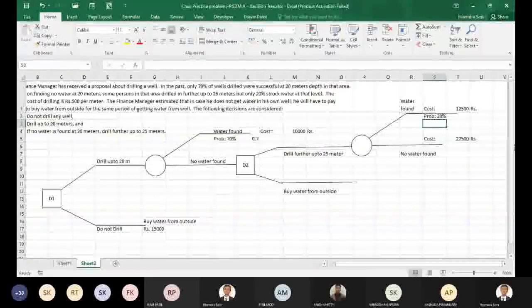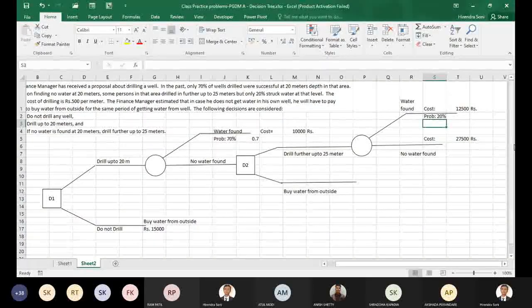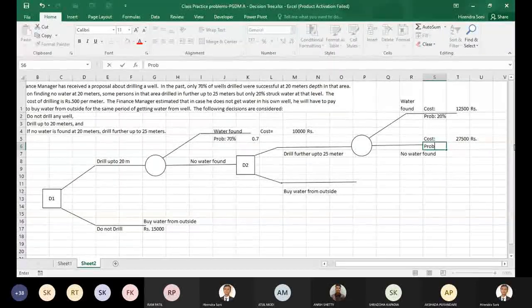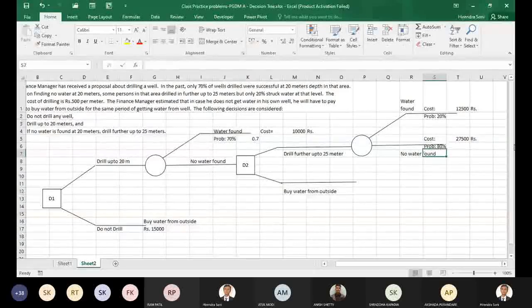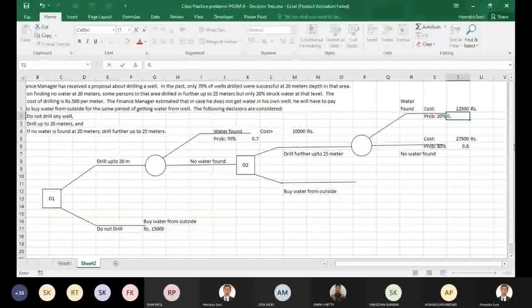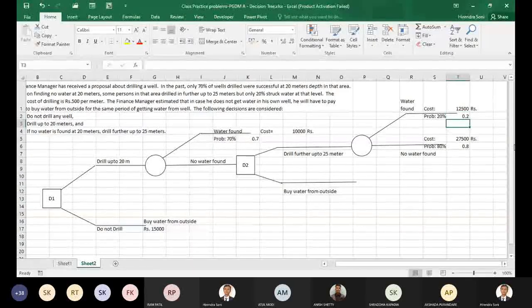So that means here the probability would be 80%. That means 0.8, and here it is 0. Okay up to here? Okay up to here? Hello?